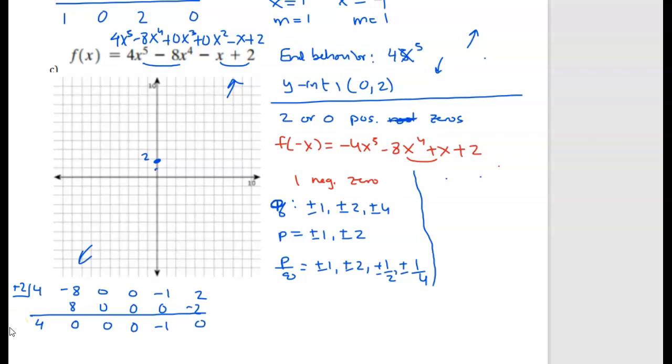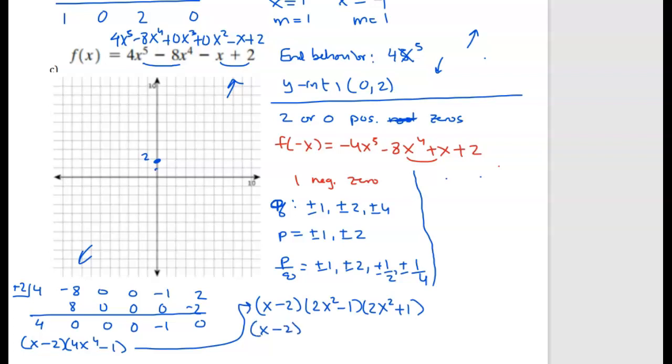Alright, so let's see how it factors. So this is going to be x minus 2, 4x to the 4 minus 1. Alright, good. Now we can factor this without having to do long division. So this is x minus 2. This is 2x squared minus 1 and 2x squared plus 1. Alright, so we have x minus 2.